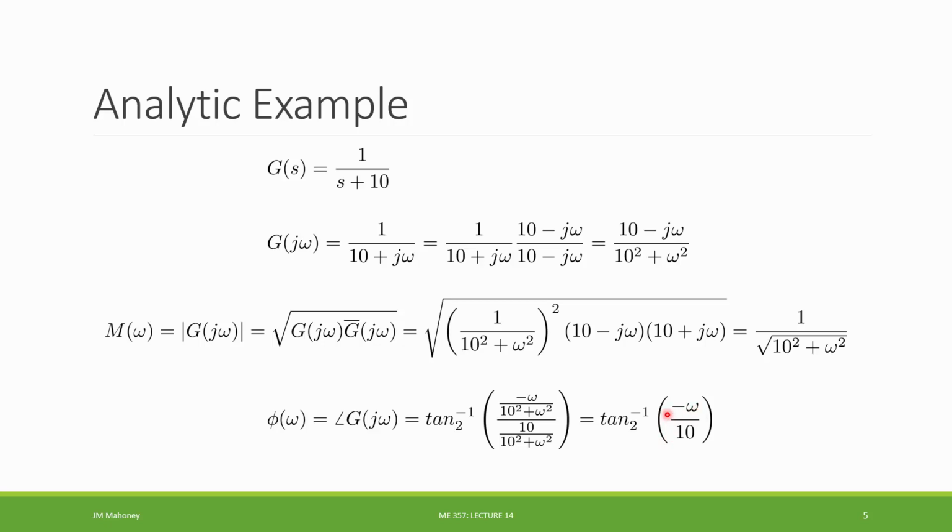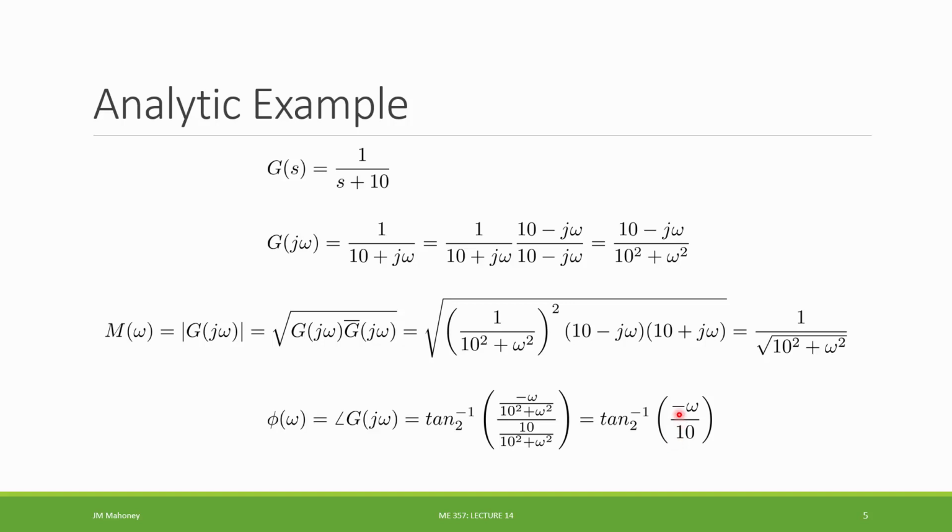So if we have a negative numerator and a positive denominator, that tells us the y value is negative but the x value is positive, that should be in quadrant 4. If the numerator is positive and the denominator is positive, then we should be in quadrant 1. If the numerator is positive but the denominator is negative, we should be in quadrant 2. And if they're both negative, then we should be in quadrant 3.